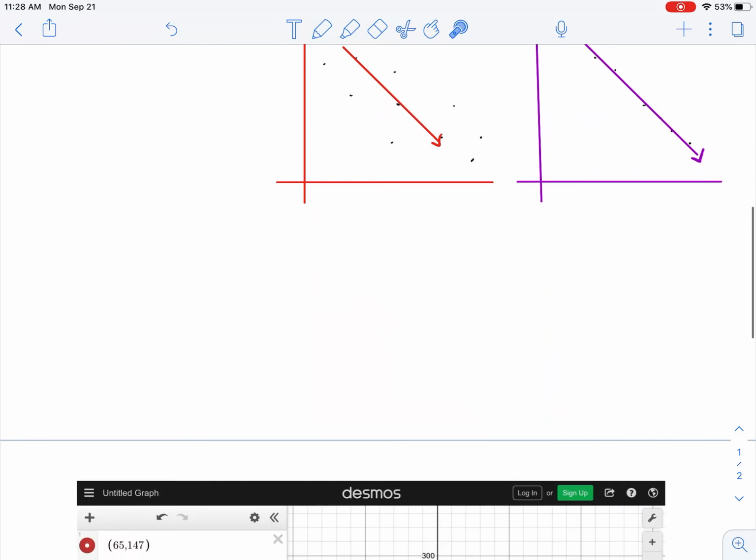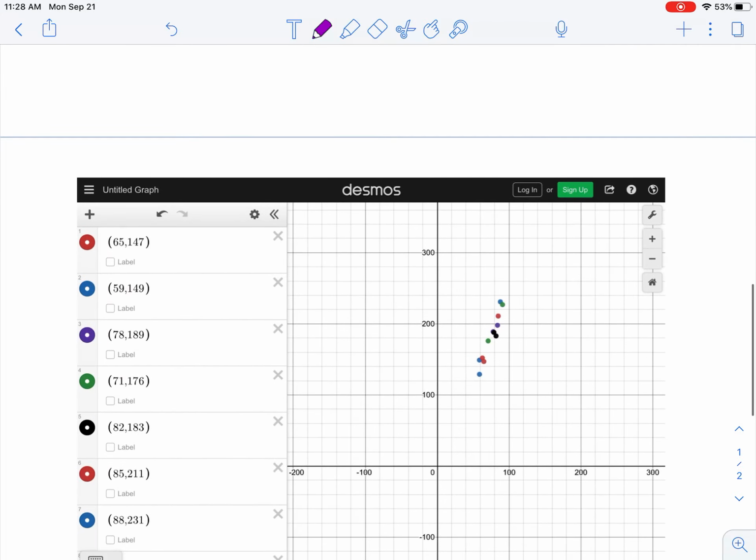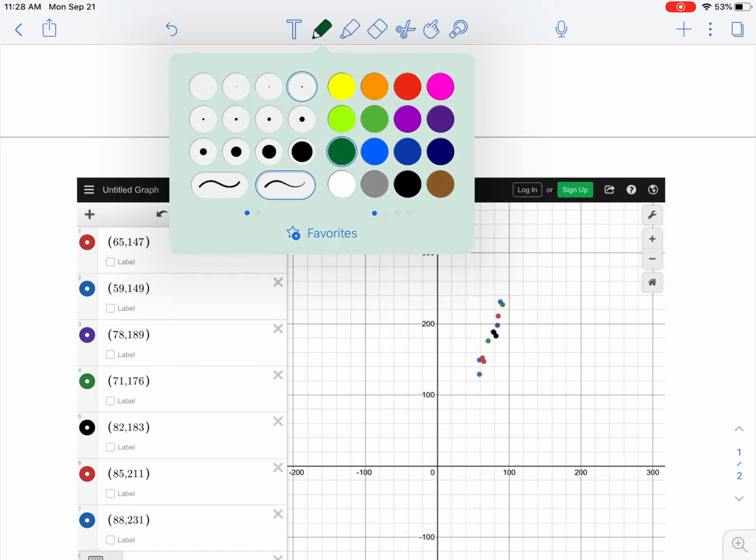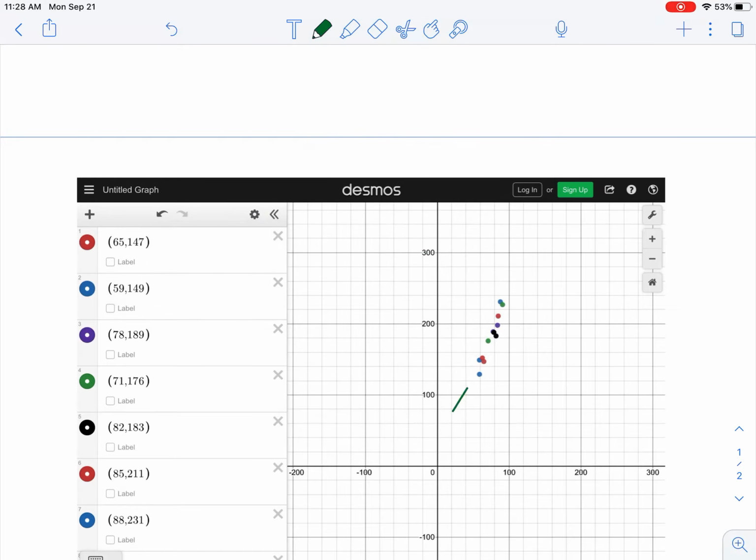You might notice first that there is definitely an increase. Here's the line of best fit. This is an increase, so I know my correlation coefficient has to be a positive number.